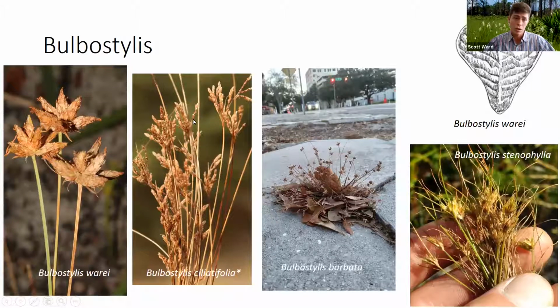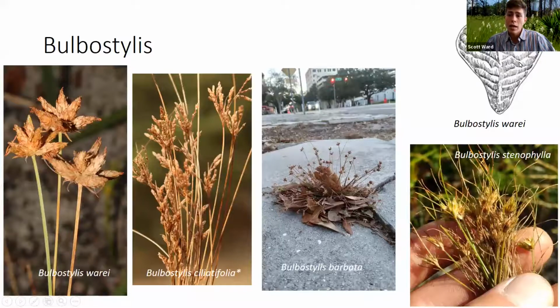Sometimes Bulbostylis ciliatifolia or coarctata have these more slender spikelets at the terminal portions of the scapes. But even some species like Bulbostylis barbata are actually quite weedy. This one's a non-native, and this picture was just taken in downtown St. Petersburg. So sometimes they can just grow up out of disturbed little cracks in the sidewalk.